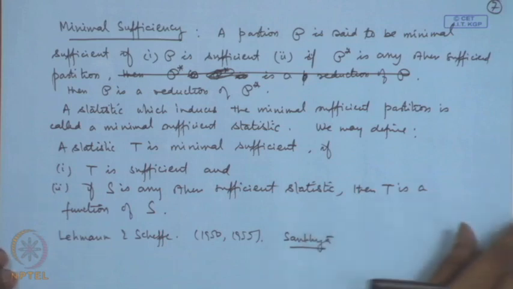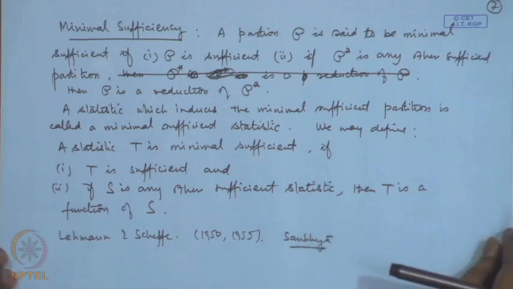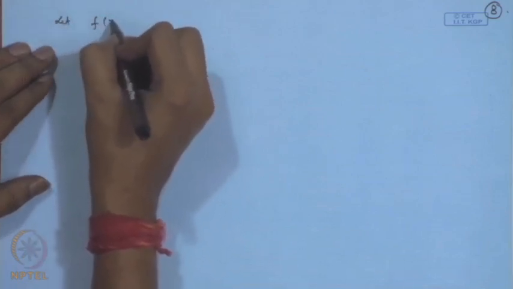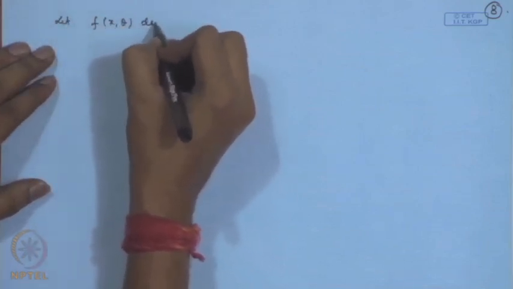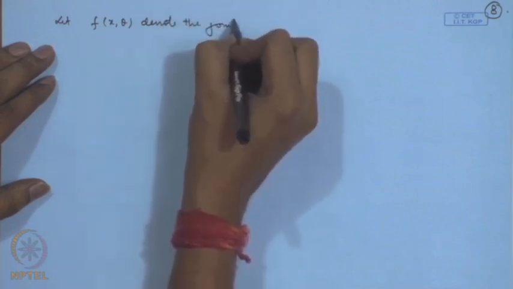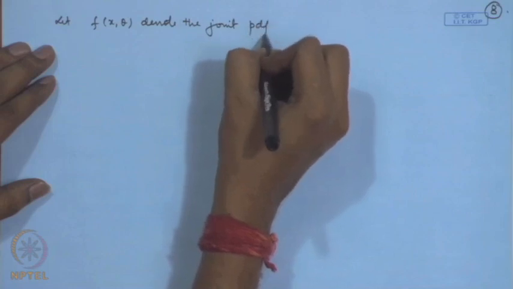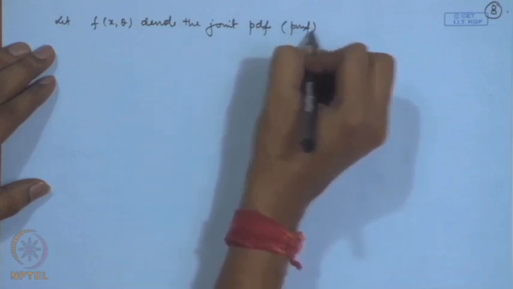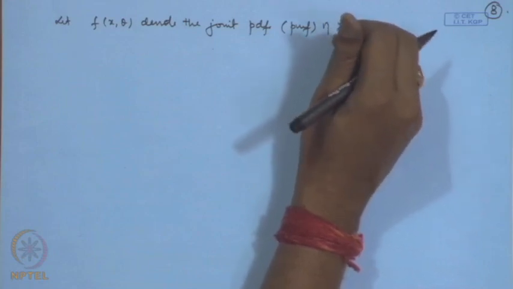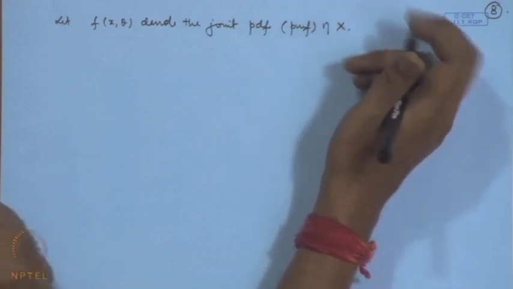We consider here the case when the distribution is either discrete or continuous. So, let us consider f(x, theta), let f(x, theta) denote the joint probability density function or probability mass function of X. That means, we have observations x1, x2, ..., xn, which we are calling as x here.